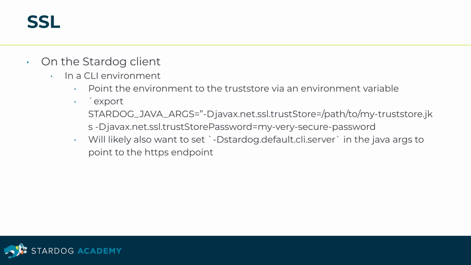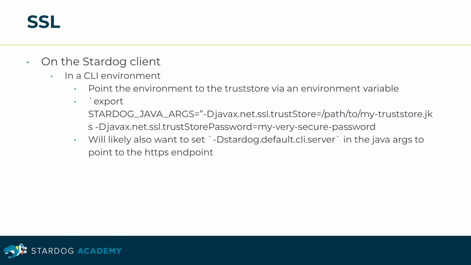To set up your Java command line client to use SSL, you'll need to set the appropriate Java arguments inside of the Stardog Java args environment variable. Those arguments point to your .jks trust store very similarly to the key store, and they are javax.net.ssl.trustStore and javax.net.ssl.trustStorePassword.